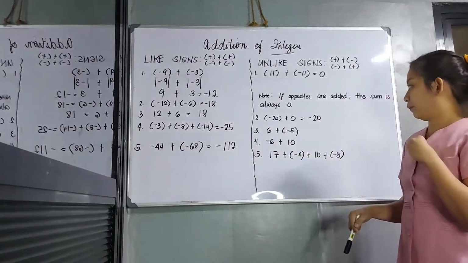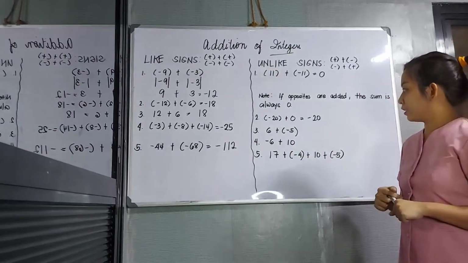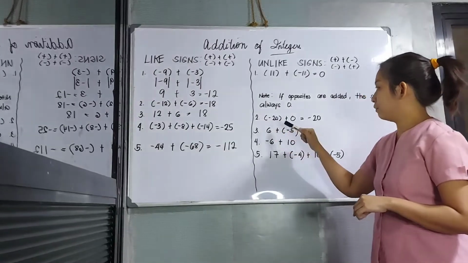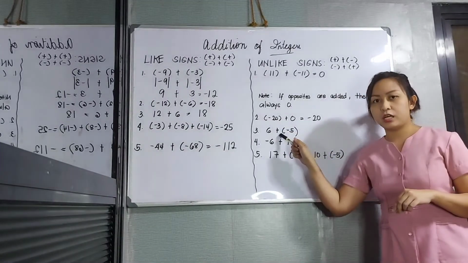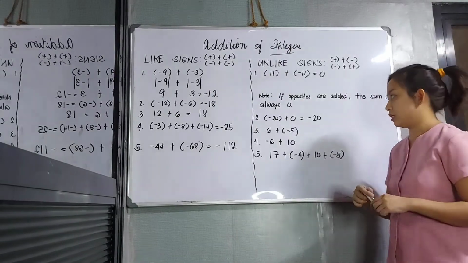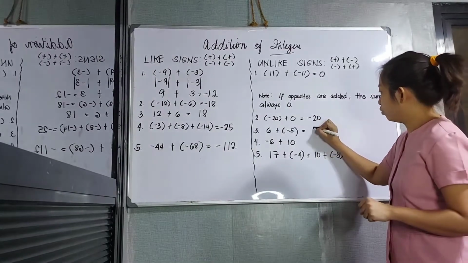Example number 3. 6 plus negative 5. Since magkaiba ang sign natin, isang positive, isang negative, kahit pa-addition ng ating sign dyan, we are going to subtract the numbers. 6 minus 5 is equals to 1.